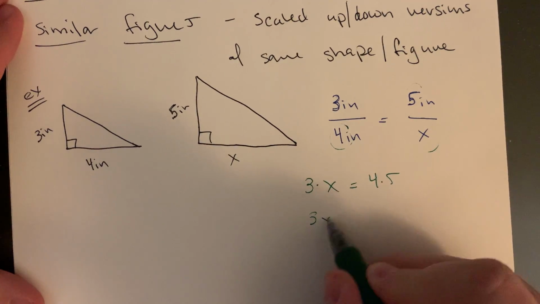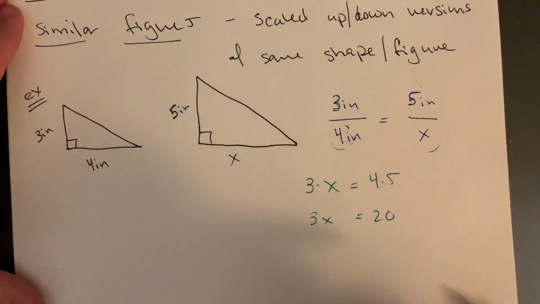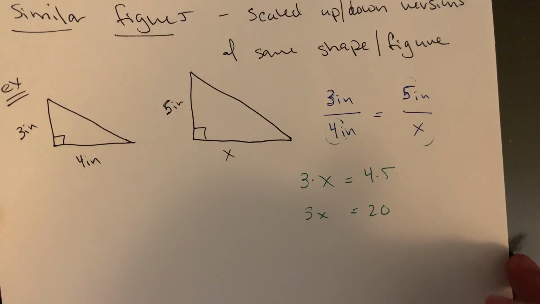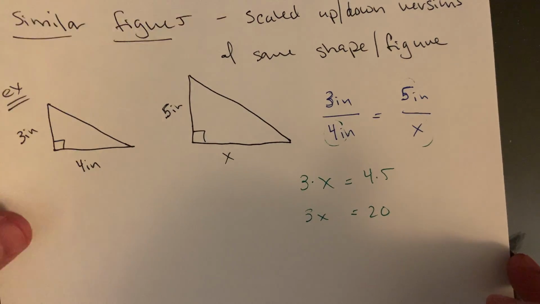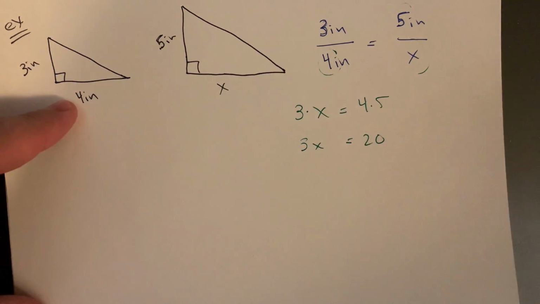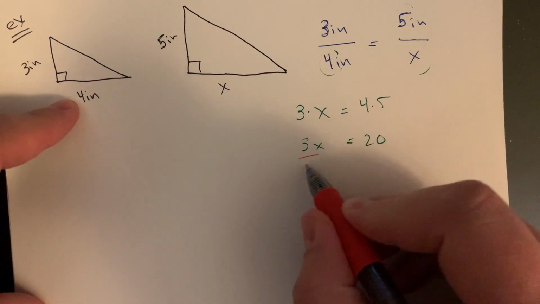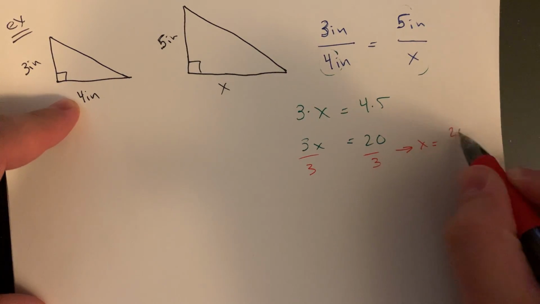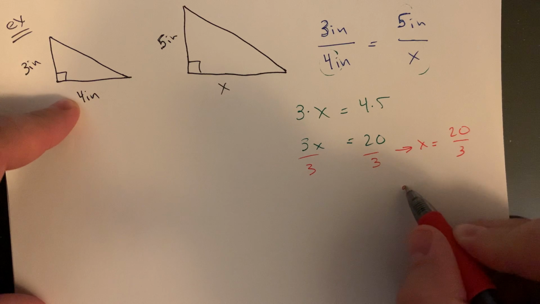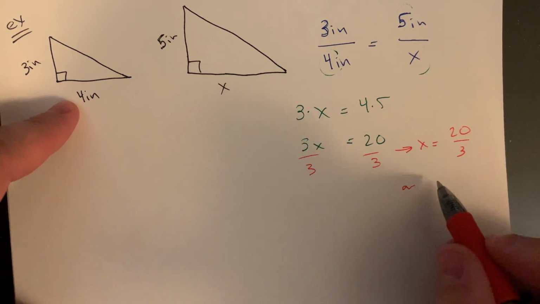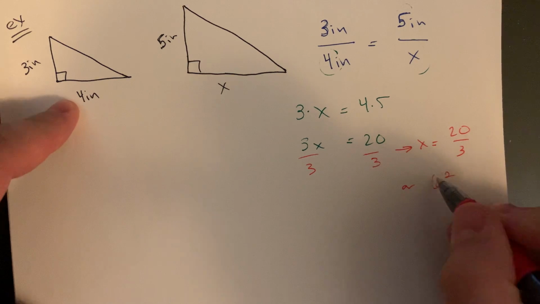I'm going to ignore the units for now because everything here is inches, so we don't really need to be tracking them closely. So what's left is not an even number. Our x here is 20 over 3, or did we have that number in one of our previous videos? This is like 6 2/3 inches.